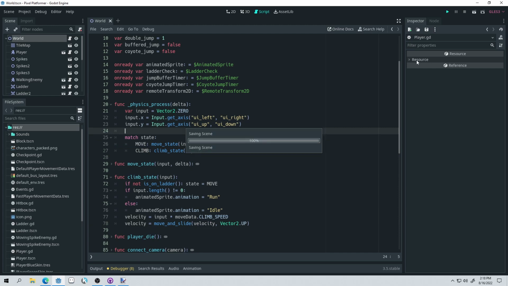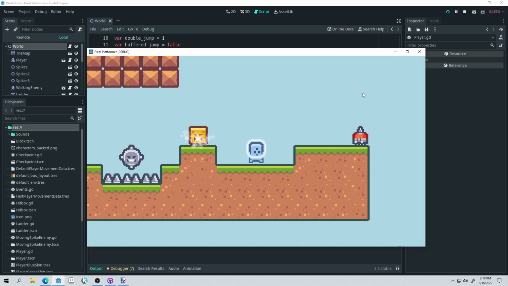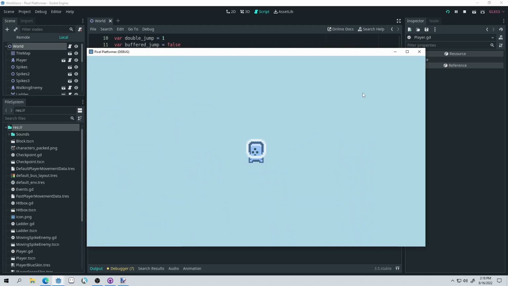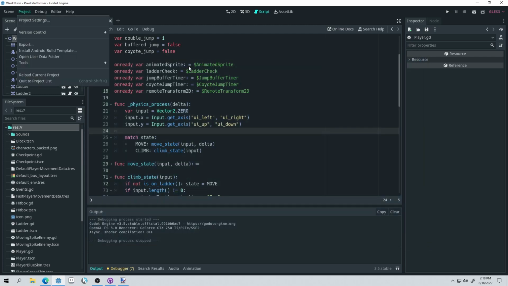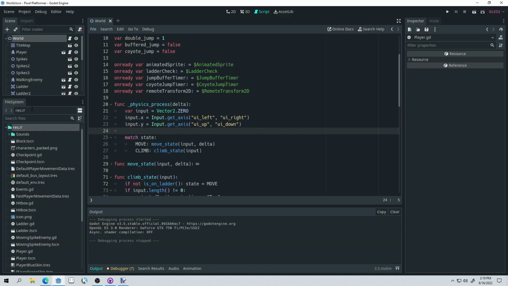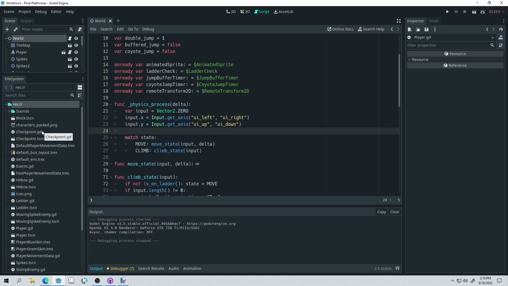There we go. Now we can move, but we're going to have an issue, which is that, whoa, we move way slow now. Our gravity is way weird now. Why is that? Our project settings is set to 60 frames per second. But our character movement was set to values that didn't use delta. And now we're using delta.